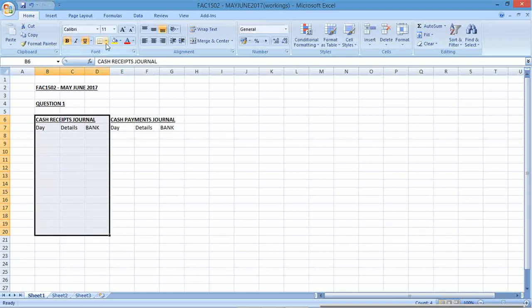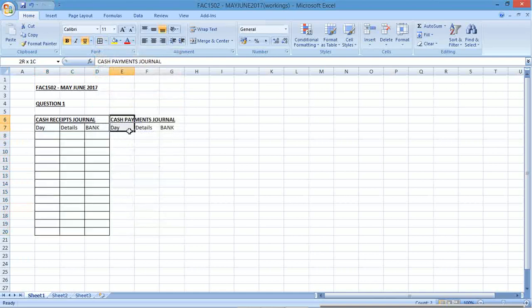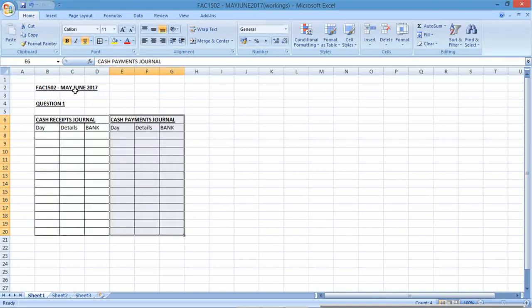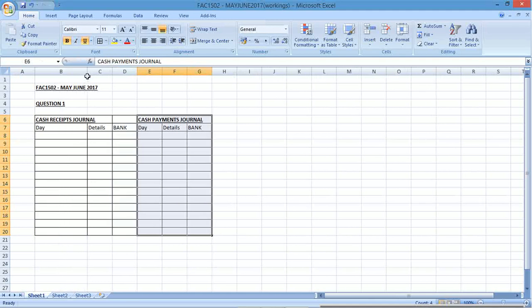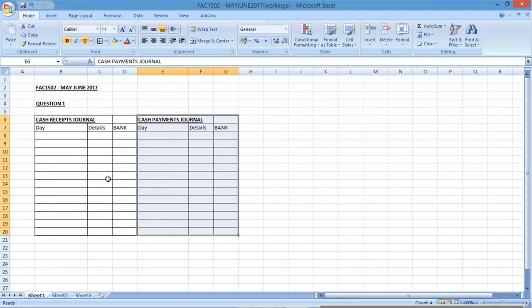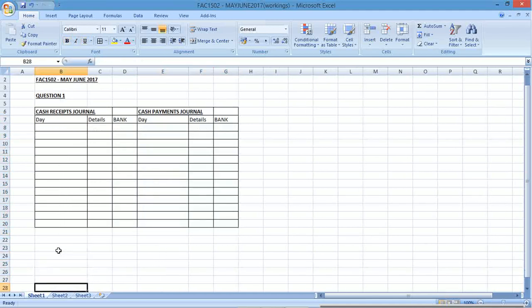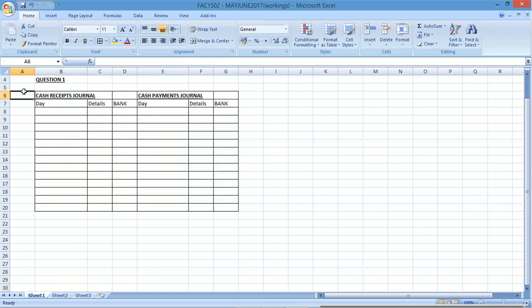Right, so there's your first bit. I'd leave some lines here, leave space to do the workings. This will be in my actual answer sheet. Can you see from there? Yes. Okay. Right, and then they want the T account for bank. So this was A. B was the T account.